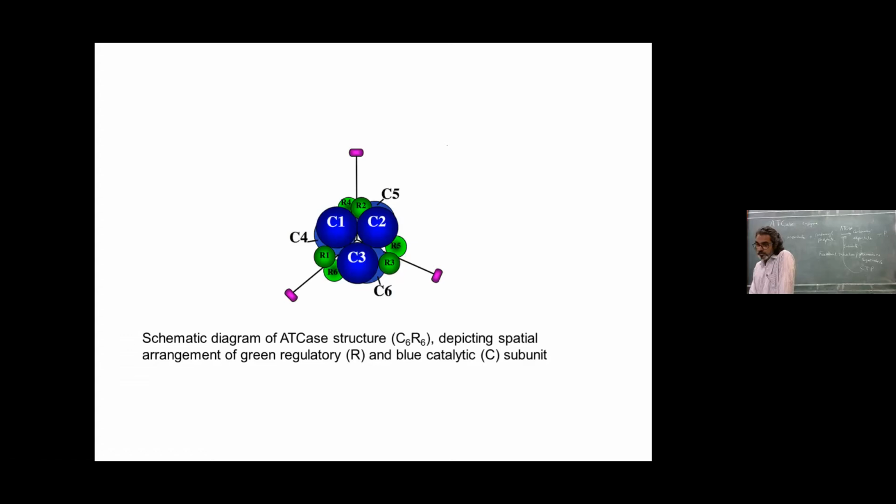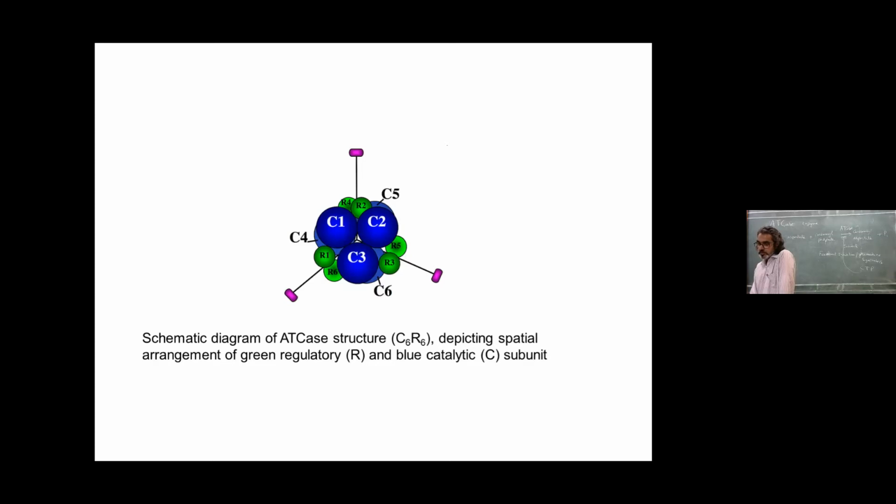Each subunit has what's called a C, catalytic subunit, and an R, regulatory subunit. So you have 6 molecules that come together to form the structure.